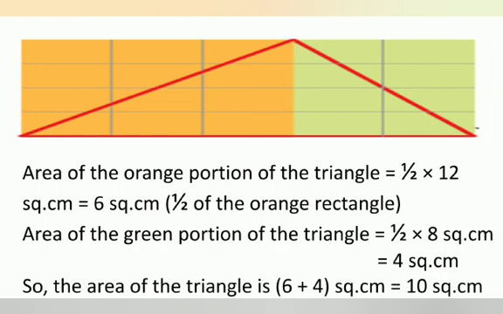Therefore, area of the green portion of the triangle will be half of 8 square centimeter, which is 4 square centimeter. So, we can say the area of the big red triangle is 6 square centimeter plus 4 square centimeter, which will be equal to 10 square centimeter.